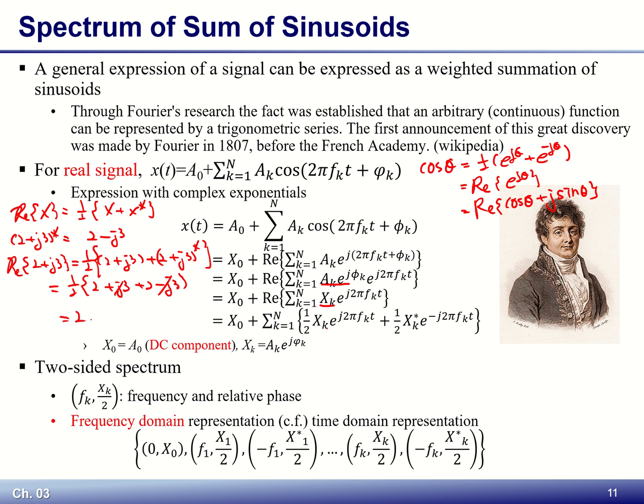Like here, actually x0 is exponential j 2 pi 0 t, because exponential j0 is 1. So x0 is the amplitude of exponential j 2 pi 0 t, a constant, so we call it the DC component.